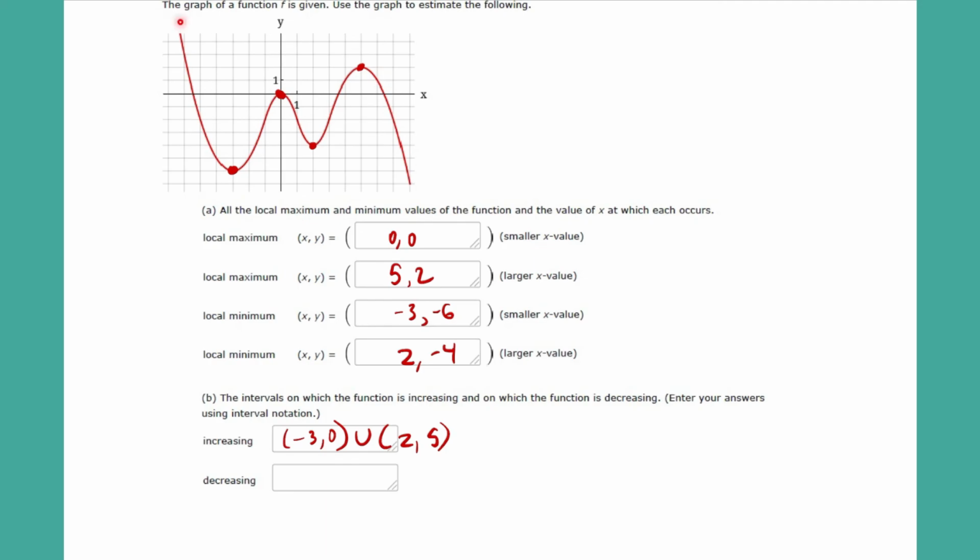And decreasing from -infinity to -3. And also decreasing from 0 to 2. And also decreasing here, which would be 5 to infinity. And that concludes this section.